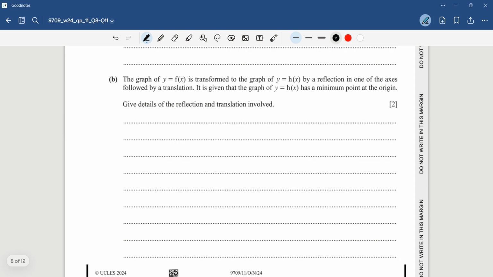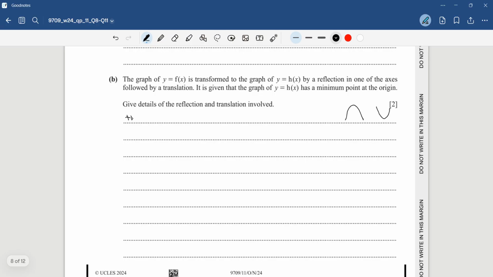The graph of y equal to f(x) is transformed to the graph of y equal to h(x) by a reflection on the x-axis followed by a translation. It is given that the graph of y equal to h(x) has a minimum point. Just now our graph is a maximum graph and now it has become a minimum.